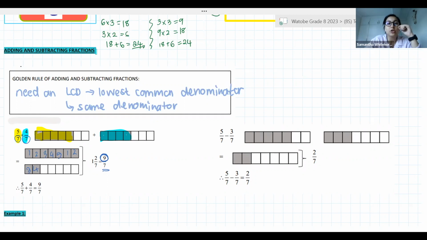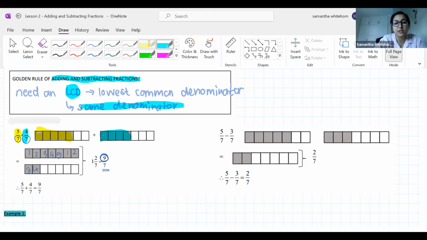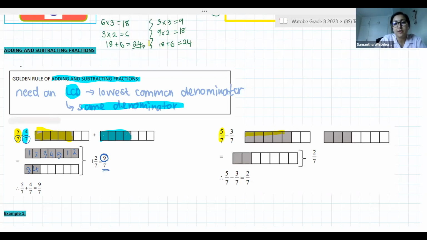All right, so in order for us to add or subtract fractions, and this is what this block is saying here, we have to have that lowest common denominator. Our denominators have to be the same. The same thing happens when we subtract. Nothing changes. I've got 5/7, so my 5 blocks, minus 3/7, so minus my 3 blocks.